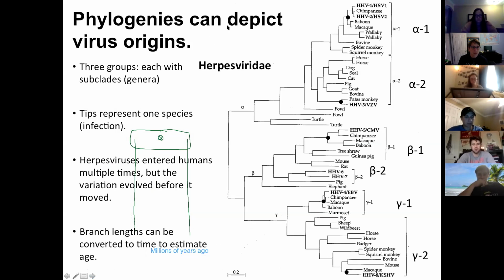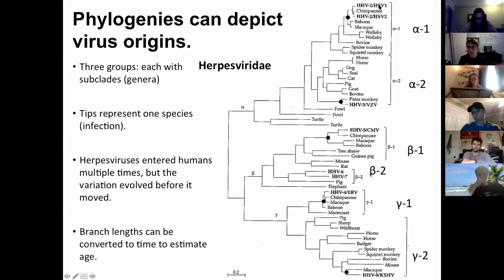Okay, so when we look at, so we looked at this one last time. This is not supposed to be showing you a chronogram. We talked about the origin of a virus, and we talked about how the topology of this, like the overall relationships of the viruses to their hosts, like chimps and baboons and what have you, is showing us a particular pattern, right?